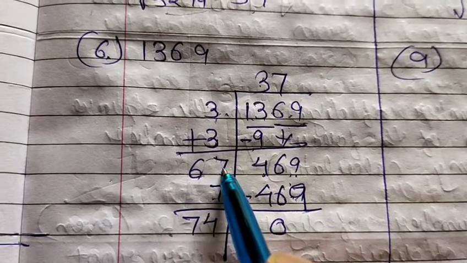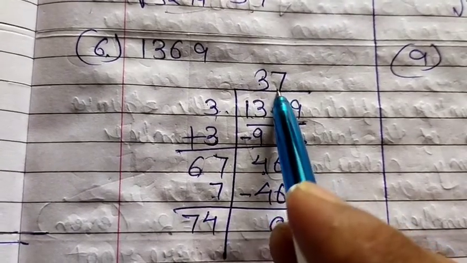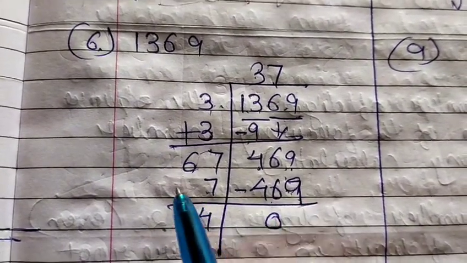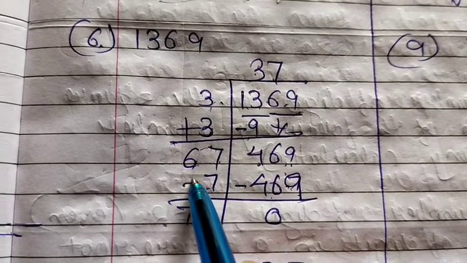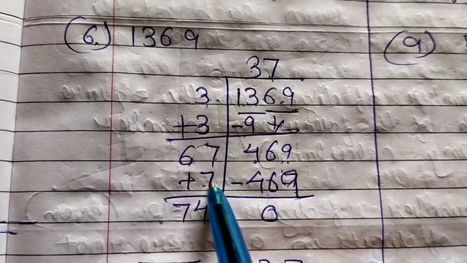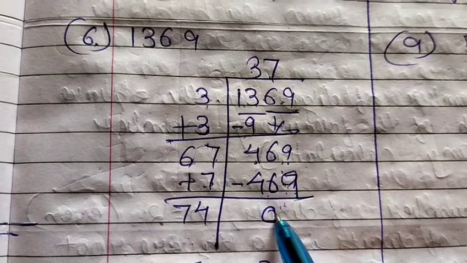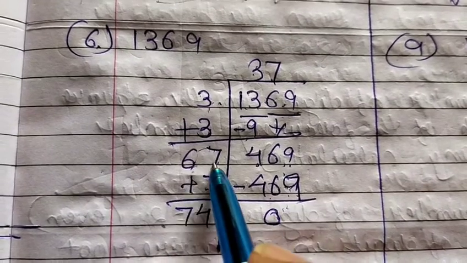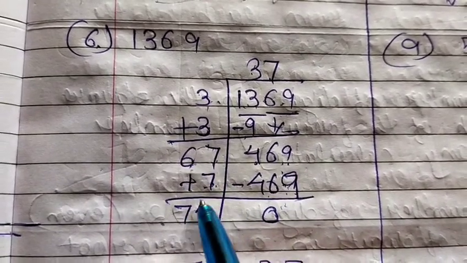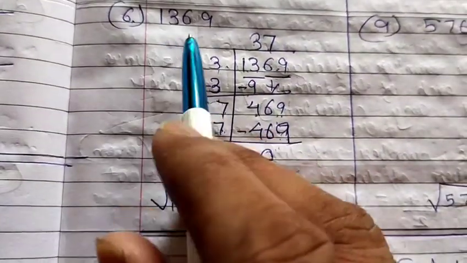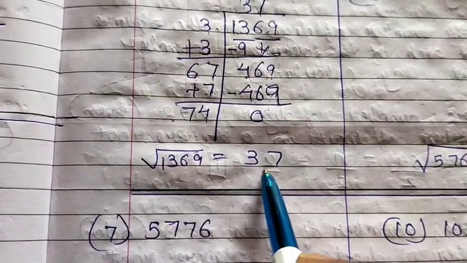So 67 into 7 gives 649, and whatever value you have taken over here, the same value you have to take over here. Now we will get remainder 0 over here. Then when you add 67 plus 7, 74. This is of no use. Now dear student, we can say the root of 1369 is 37.